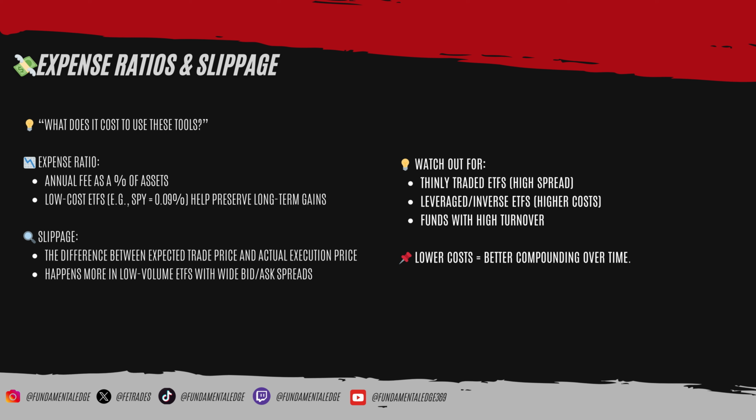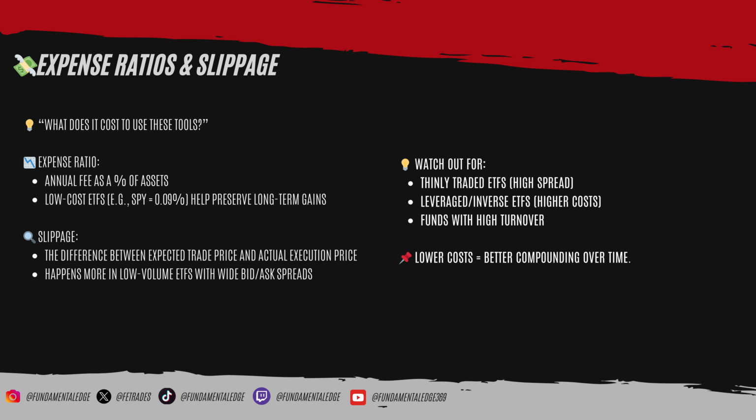Second, the slippage. This is the difference between your expected trade price and the actual execution price. It's worse in low volume or thinly traded ETFs, especially those with wide bid-ask spreads. It's also common in volatile markets or when placing large orders without limit prices. Always check trading volume, spread width, and the fund's turnover rate.